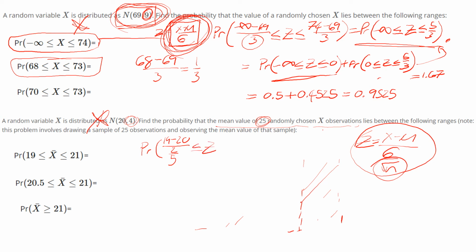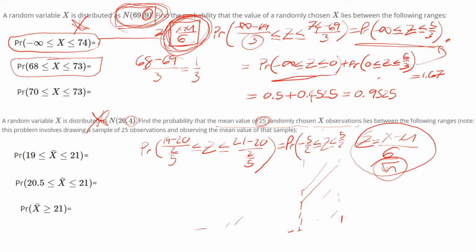And on the other limit, we've got 21 minus 20 over 2 over 5. Simplifying, we have minus 5 over 2 and plus 5 over 2.